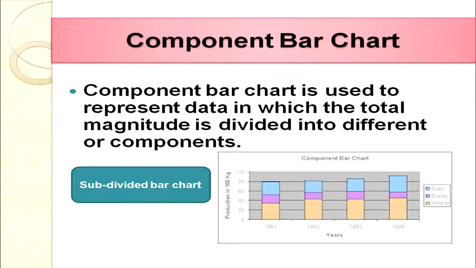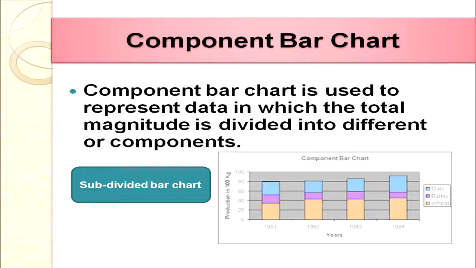Now let's discuss the component bar chart. Very important. How will I come to know whether I have to make a component bar chart or a multiple bar chart? Why I am saying this? Because in a component bar chart also, two data or more than two data is given to us.